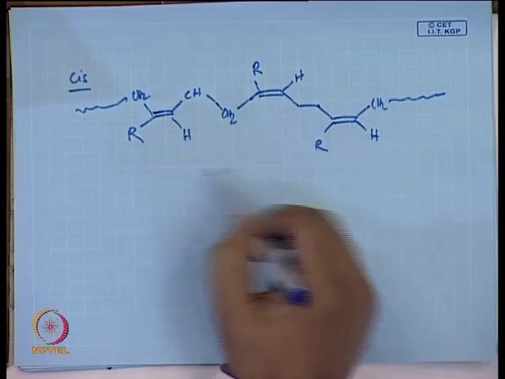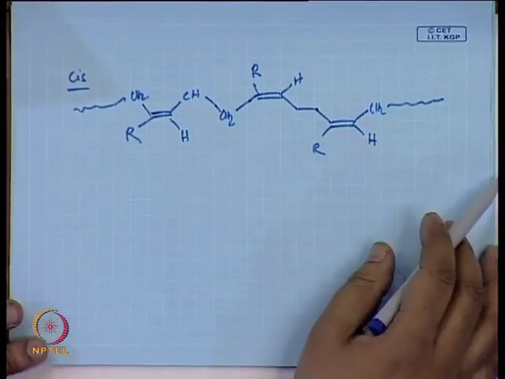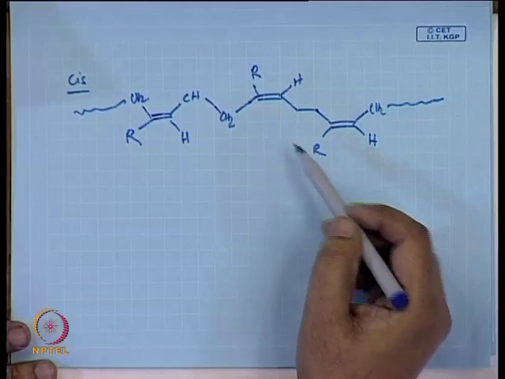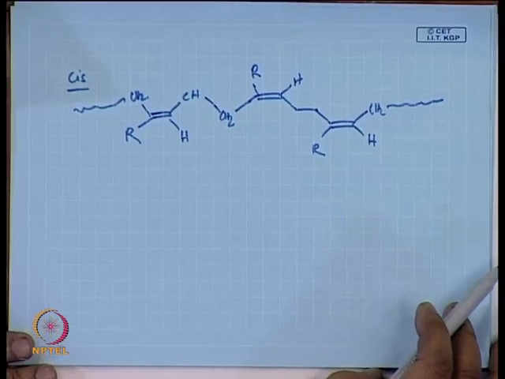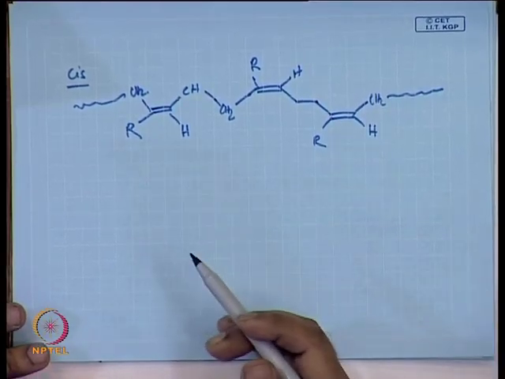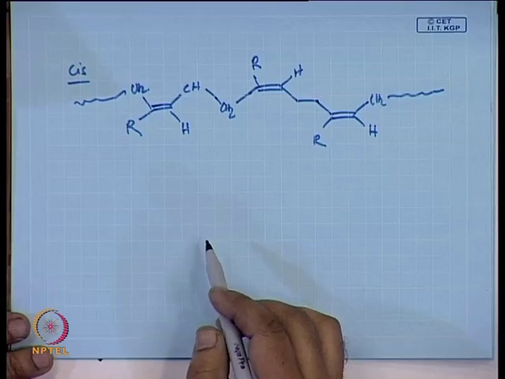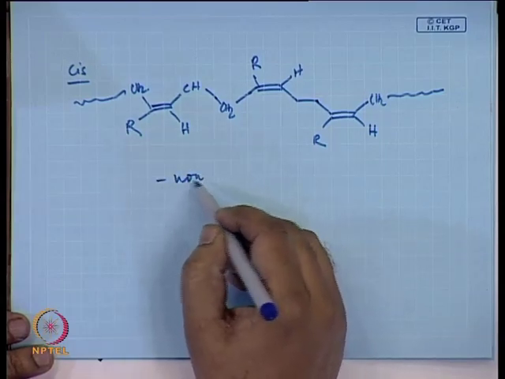Now, if you look at these molecules, this is not very regular. As they are not very regular, they cannot pack well in a crystal lattice, and as a result this is a soft polymer.